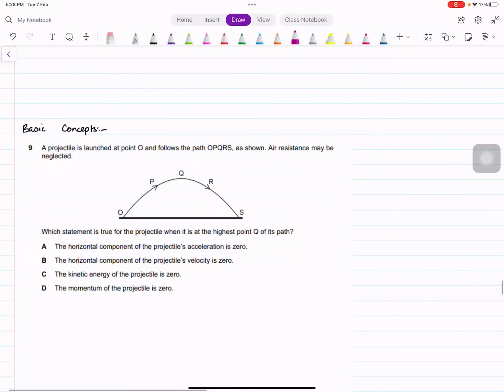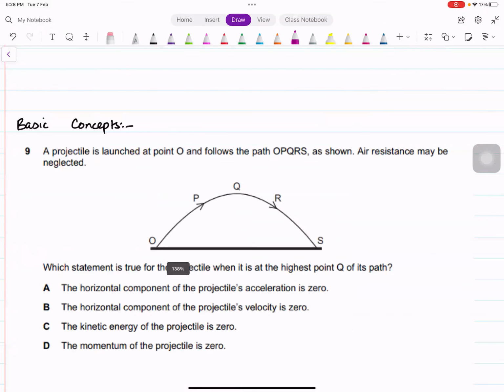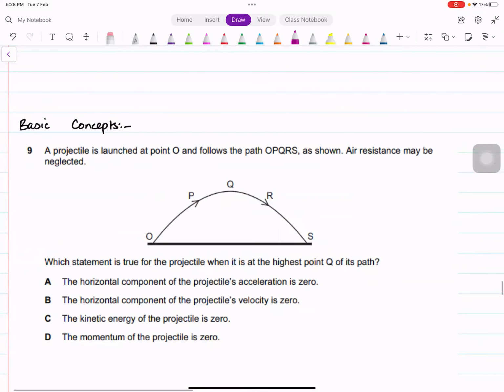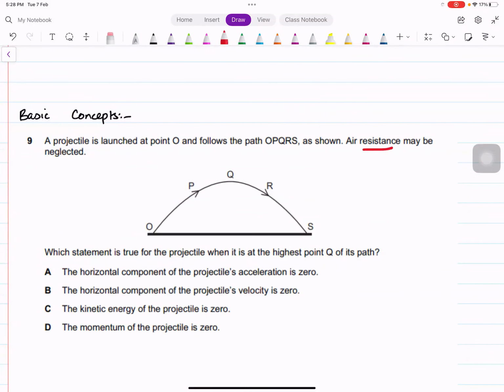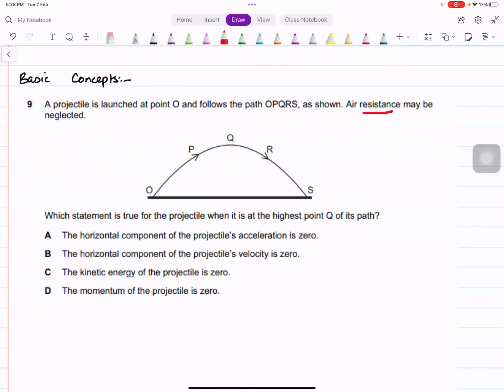For example, in this question, it says a projectile is launched at point O, and the path it follows is OP. Air resistance is neglected. Which statement is true for a projectile when it is at the highest point Q? The horizontal component of the projectile acceleration is zero.